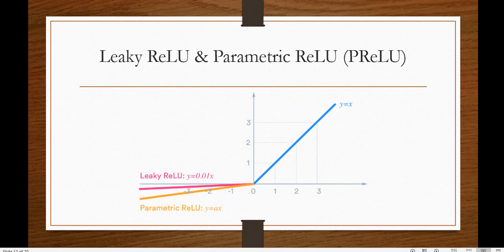The only thing is that in leaky ReLU I am using a constant, and in parametric ReLU, instead of a constant value I am using a parameter. So I can supply different values for the parameter, and I can control with this parameter how the line goes in the negative direction, that is, how the y value changes with x.